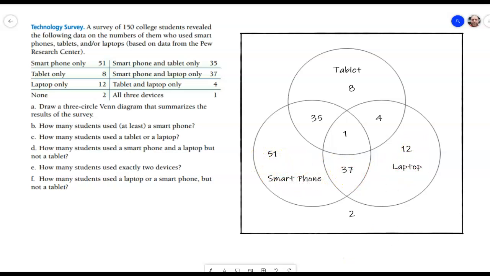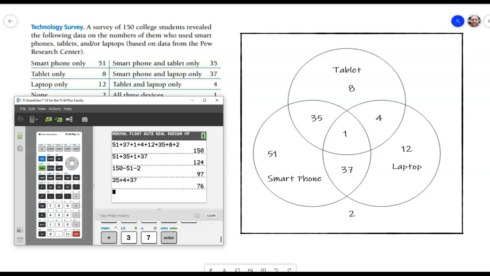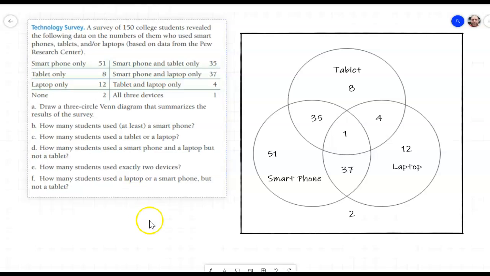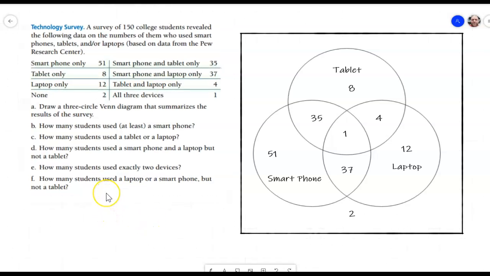So 51, 37, and 12. So 51 plus 37 plus 12, because those ones used either a laptop or a smartphone, but not a tablet. All right, and that's 100 of the students.